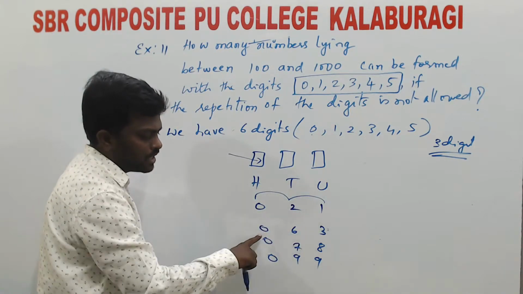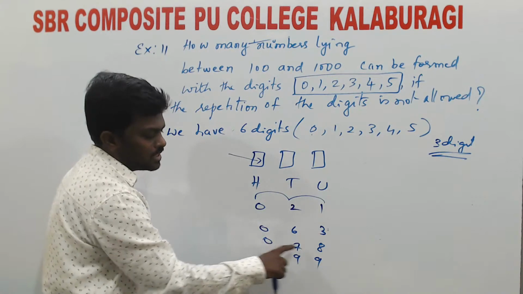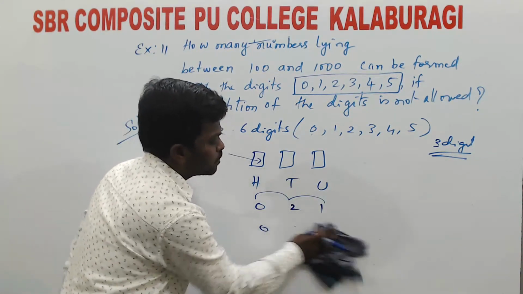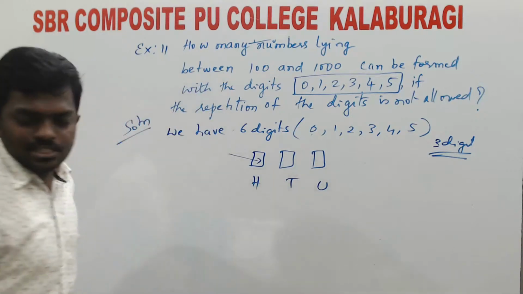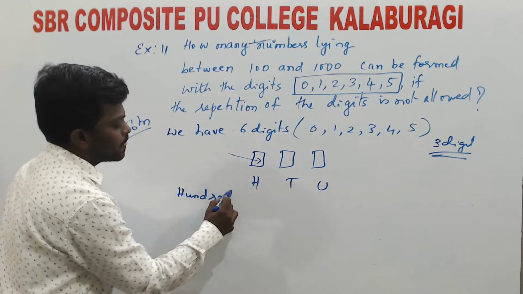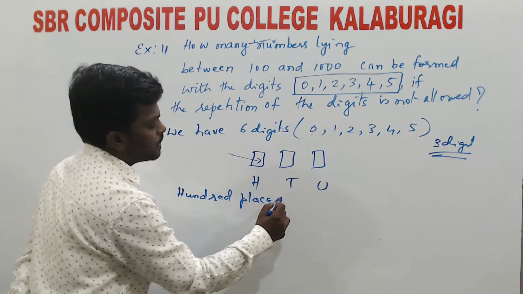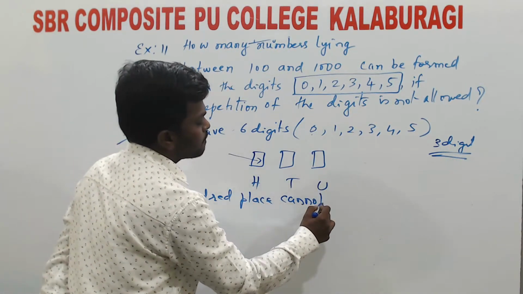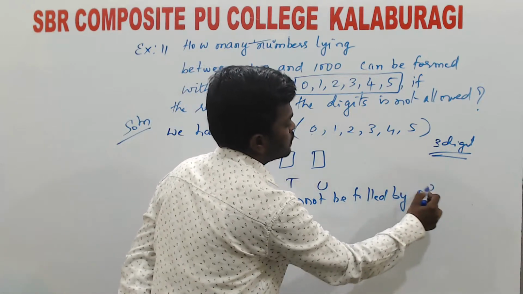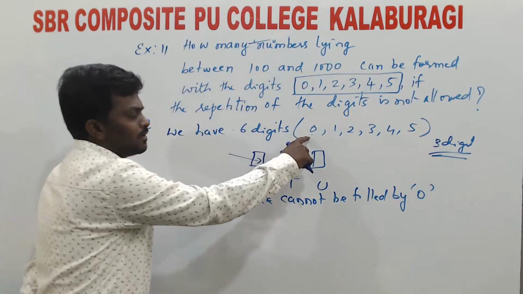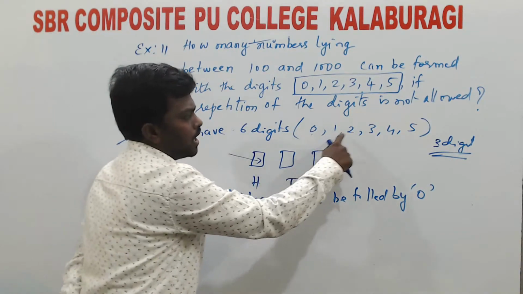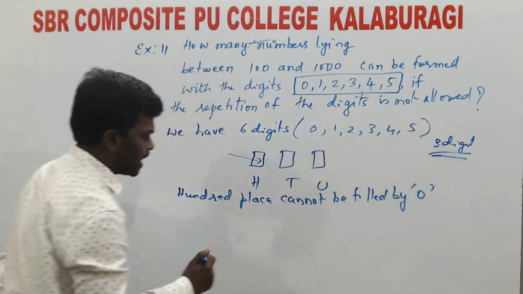It's just 21, this is just 63, this is 78, this is 99. So first and foremost, the hundreds place cannot be filled by 0. That means except 0, you can fill anything in the hundreds place: 1, 2, 3, 4, or 5.